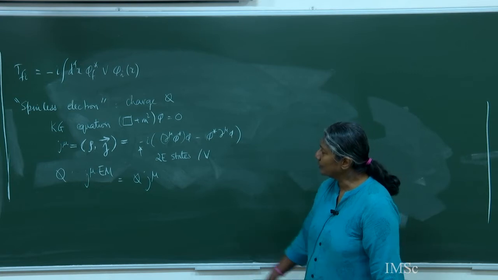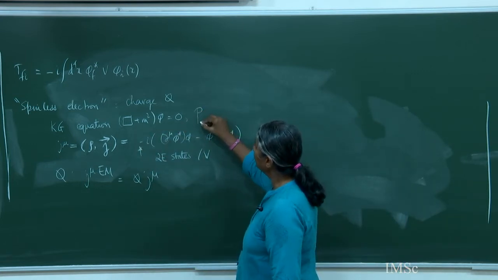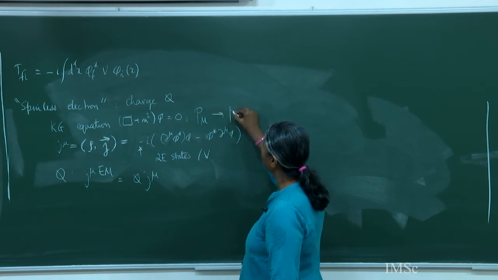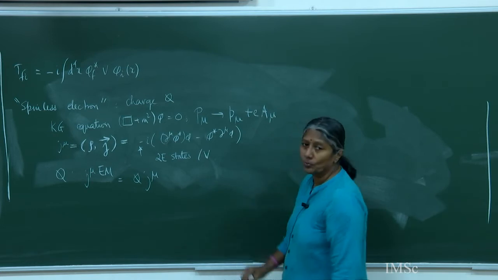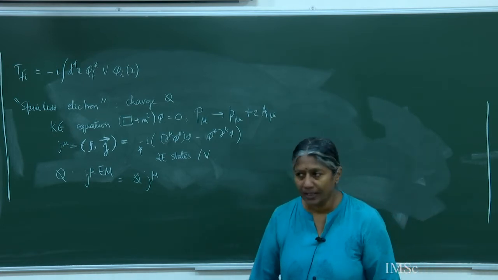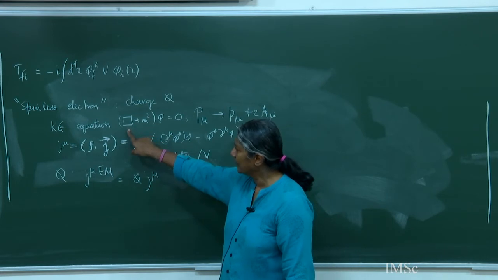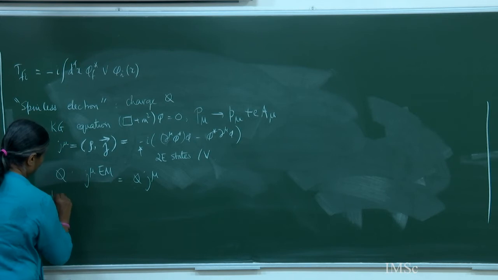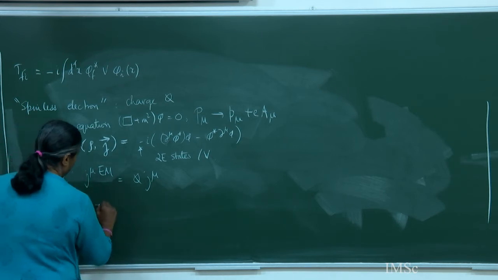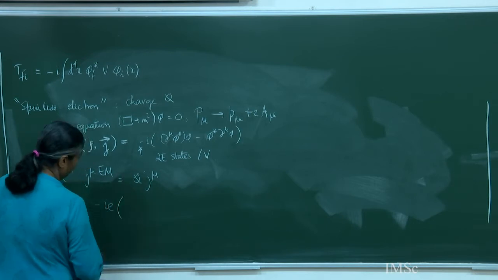So what we did was we replaced over here P mu by P mu plus E A mu, and that's how we turned on the interaction term. And we identified inside this, by putting it back in the box equation, that H int or the V was minus i E, I don't remember what that was overall.